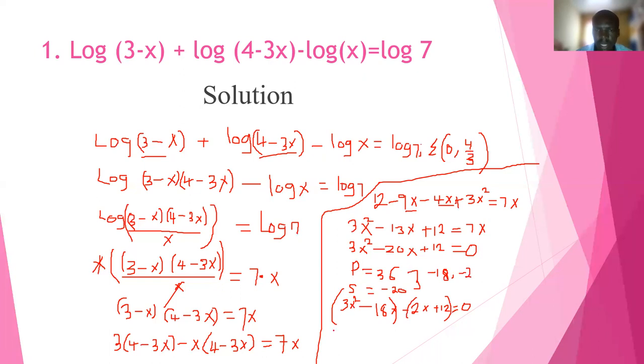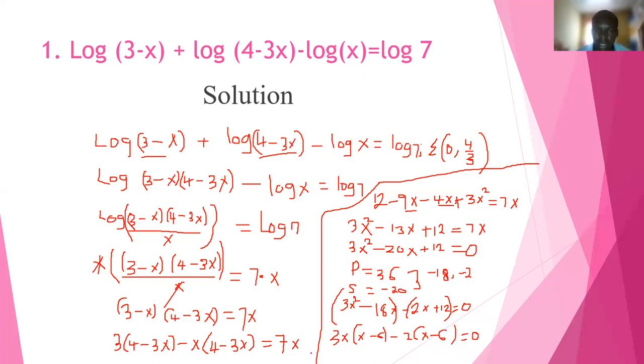What is common here is 3x. So 3x goes into 3x squared x times, minus 3x goes into 18x 6 times, minus what is common there is 2. 2 goes into 2x x times, and 12 divided by -2 will be -6, is equals to 0.